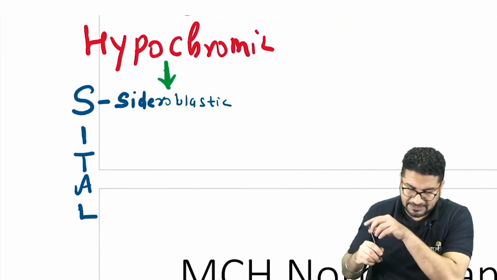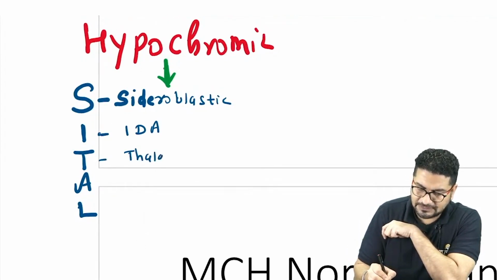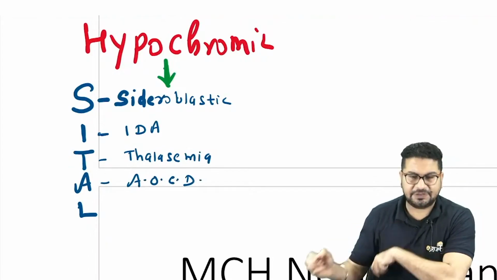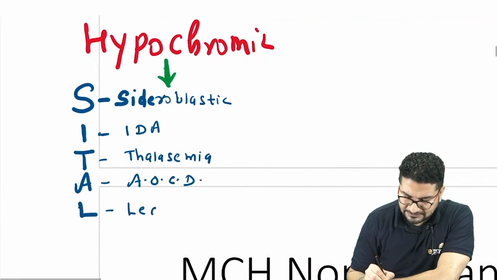I stands for Iron deficiency anemia. T is Thalassemia. A is Anemia of chronic disease, AOCD. And L is Lead poisoning.